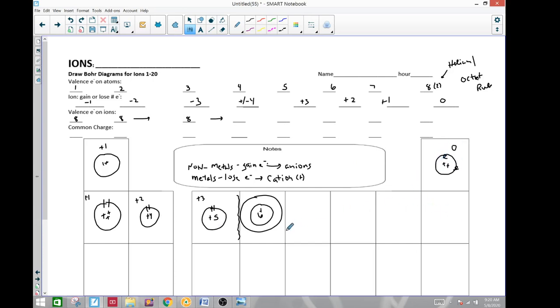These ones are gaining to be similar to neon. So this one's got 10 protons, and there we go, 1, 2, 3, 4, 5, 6, 7, 8, 9, 10. Everyone wants to get to this stable point here.